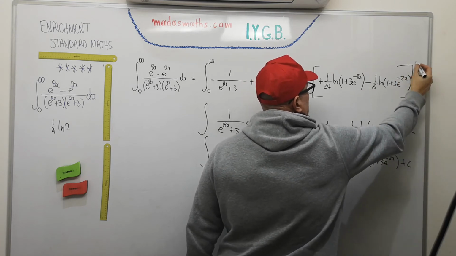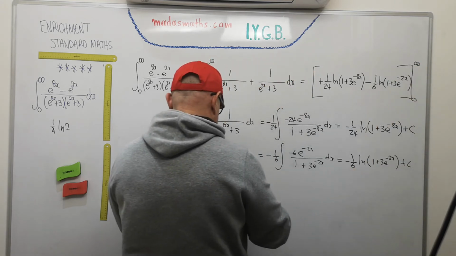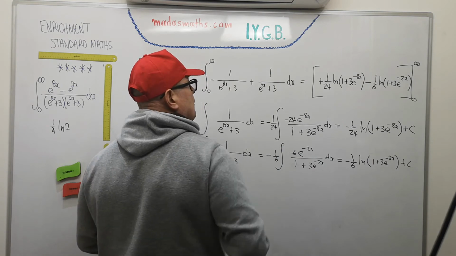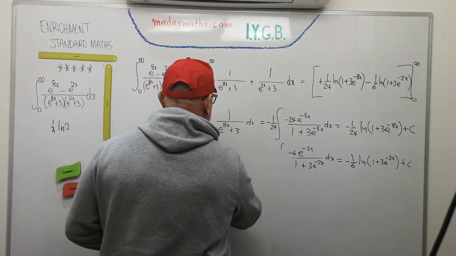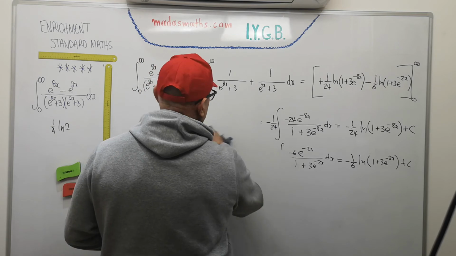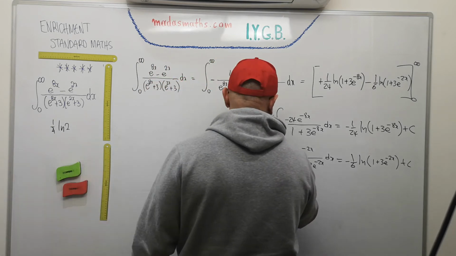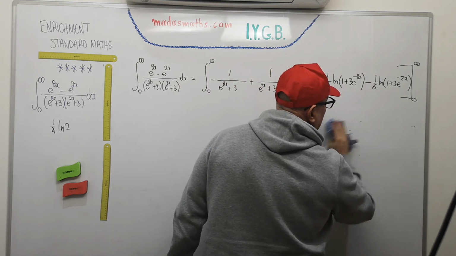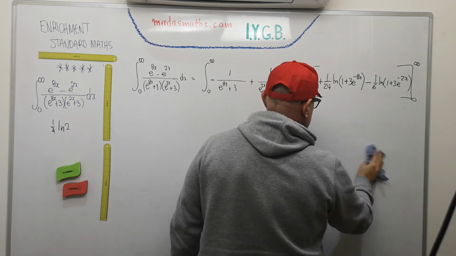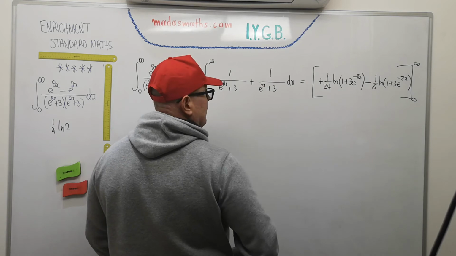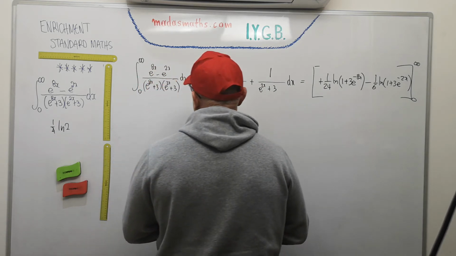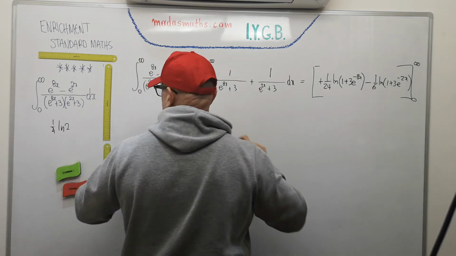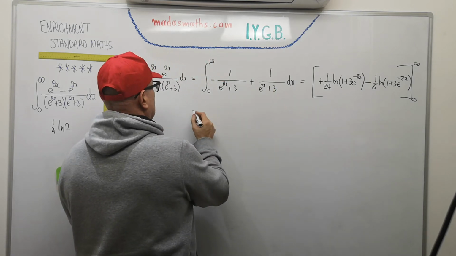Close brackets, 0 to infinity. And the time it takes me perhaps to make some space on the board, some of us might be good enough to actually come up with the answer and check if that was a half or a quarter log to the final answer. I've done this integral a couple of days ago, and I don't quite remember what the answer will be, but I know it was something like that. And I've got the logs, of course, there.